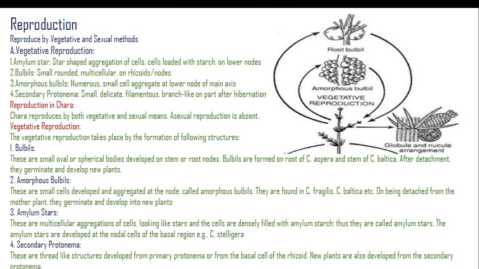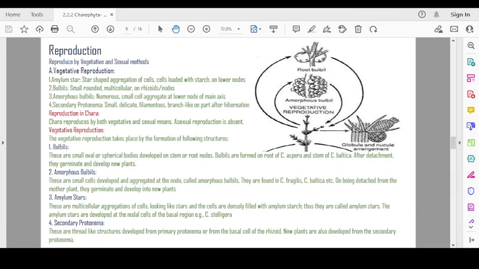So in this way we have completed the vegetative structure of Chara. In the next lecture we are going to learn about reproduction.